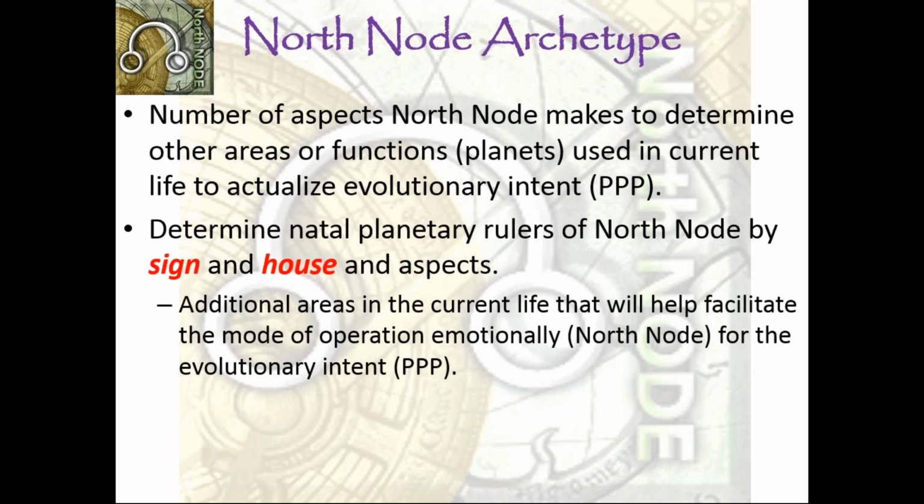You will also look to the aspects that the North Node makes for more information and detail. You will also look at the planetary rulers of the North Node by sign and house, where they are individually located and any aspects they make to fill in more detail.